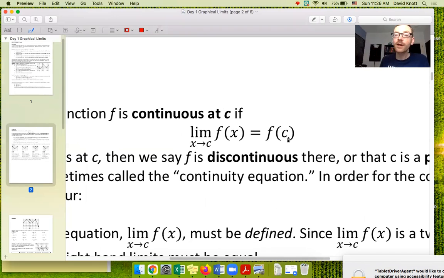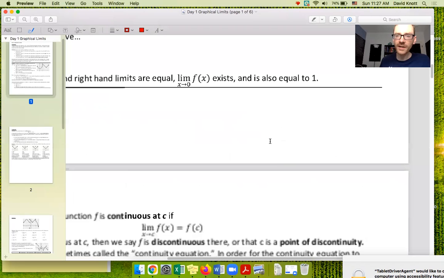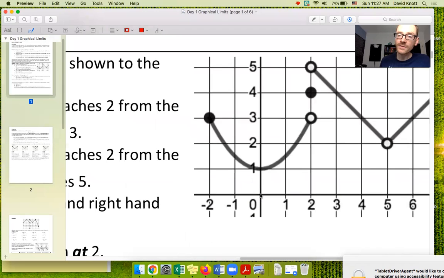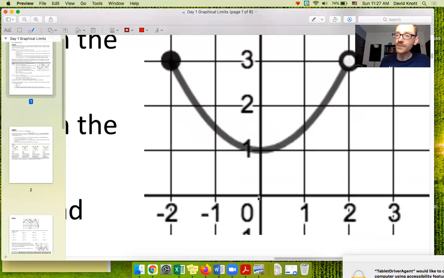I claim that even though this is a pretty abstract definition, being continuous at a point simply means that the graph of the function has no gaps at that point. That's all it means. Like, if we go back up here, the function is continuous at 0 because there are no gaps in the graph at 0. It's just a nice, smooth, continuous curve.